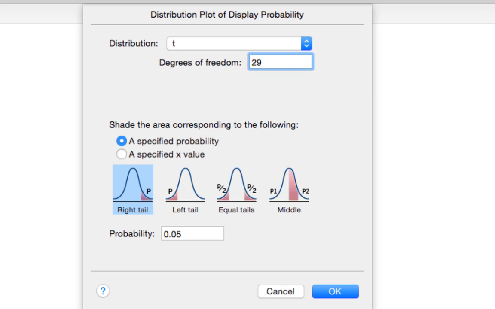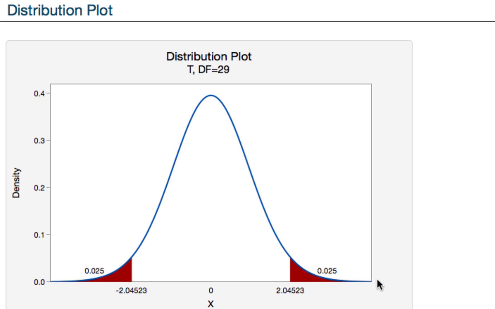We want to find the t values that separate the middle 95% from the outer 5%. So we're dealing with probabilities, and we have equal tails. 0.05 is split equally between the left and right tails. When we click OK, this will give us our probability distribution plot with our t multipliers.